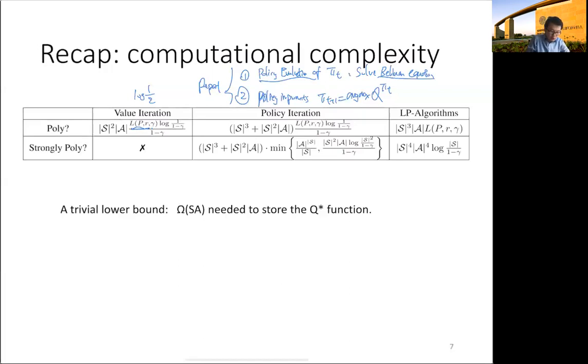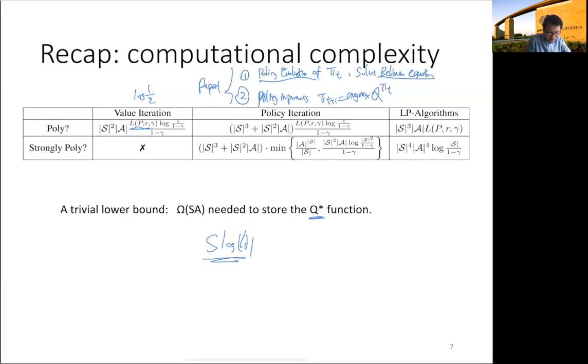Okay, so one thing that I wanted to mention is that certain polynomial dependence on states and actions is really required, because we need this even to store the Q star function, right? Storing the policy you can get away with S log A, but in order to figure out what the actual Q star function is, you have to at least go over each action for each state to figure out what the maximizer is, right?